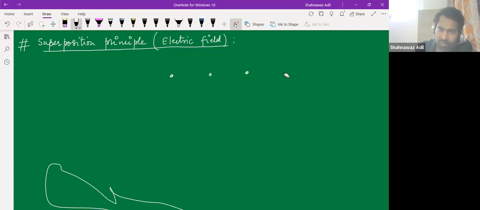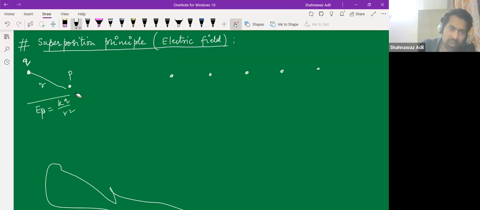And what do I know? Preliminary information. If I have this point P and this charge Q sitting there, and I am calculating the electric field at this point, I just calculate the separation, and this is the electric field due to a point charge, right?